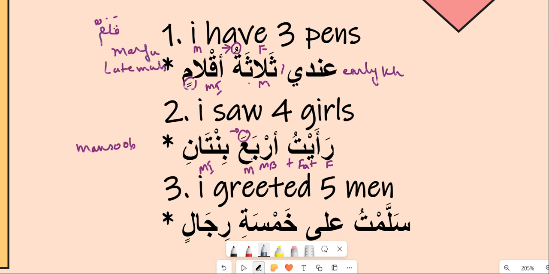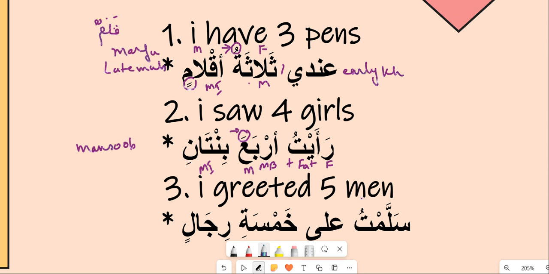Just now I told you about the rules of mudaf, that it can change its haraka from dhamma to fatha to kasra. So here it is fatha. And bintani is our mudaf ilayhi. One may ask, where is the tanween? Bintani is a dual noun, so we can't take it as bintanin. This noun is always with a single kasra.